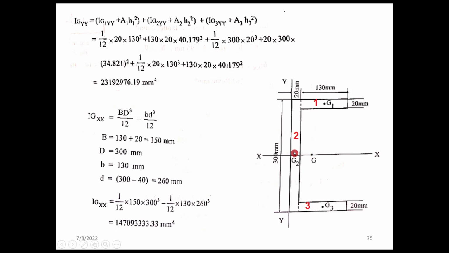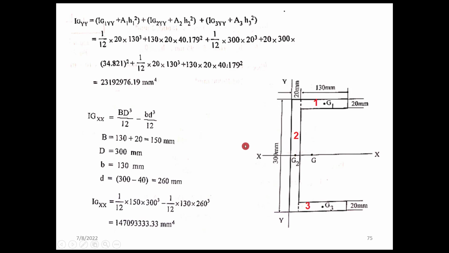Similarly for the area 2, we have 1 by 12 into, the base will be this long one, 300, into d cube, 20 cube, for the individual centroidal moment of inertia, plus A x square. 20 into 300 is the area of 2, into G minus G2.